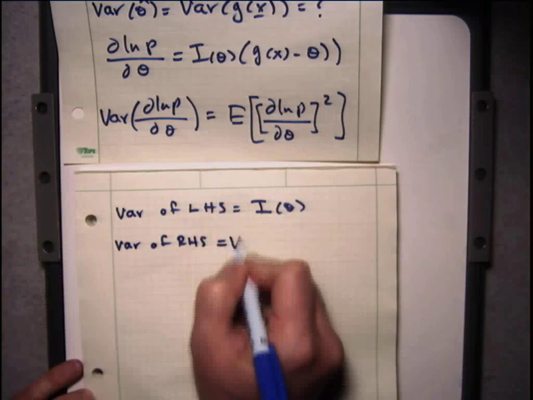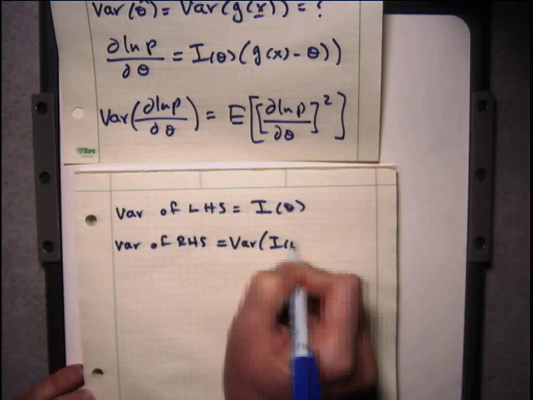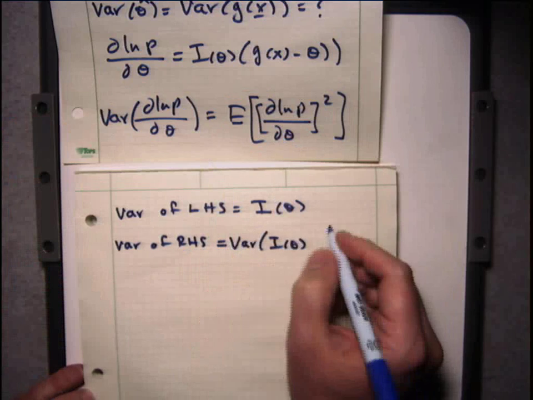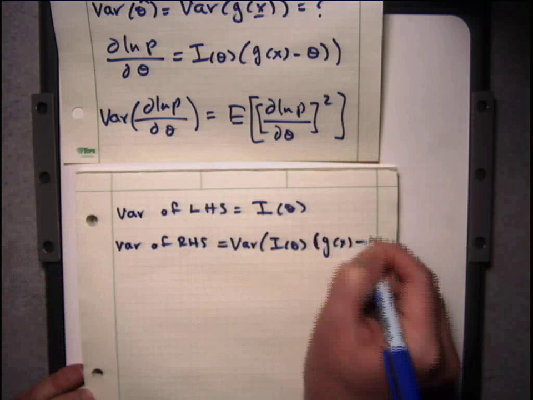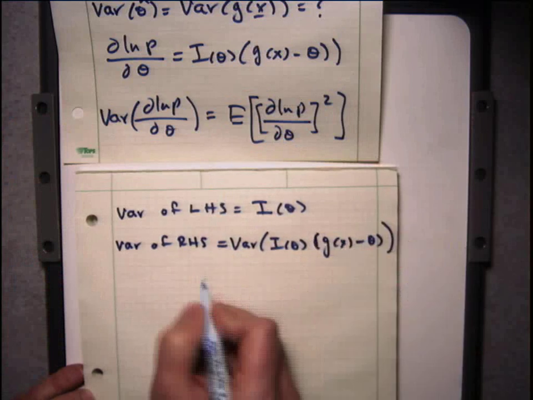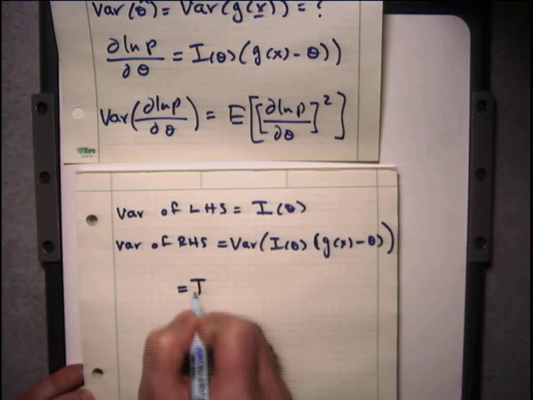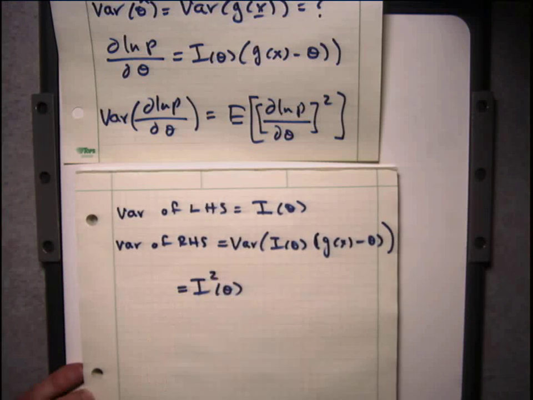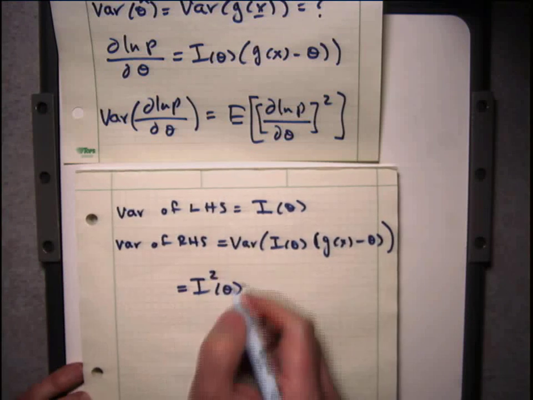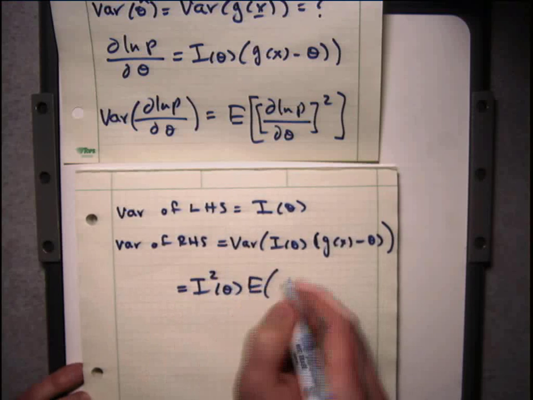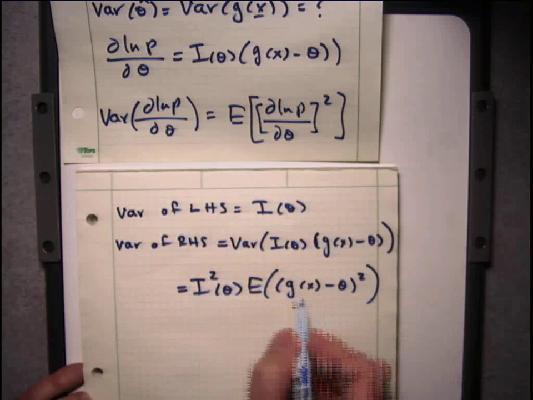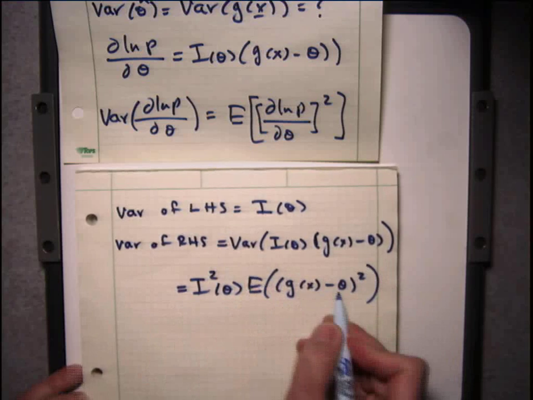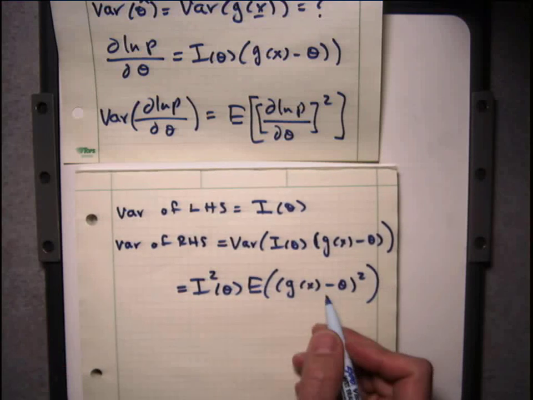So that's the variance of I of theta times g of x minus theta. Okay, so this becomes I squared theta times the expected value of g of x minus theta squared. It's this because this guy here is zero mean, right? Because the estimator was unbiased.